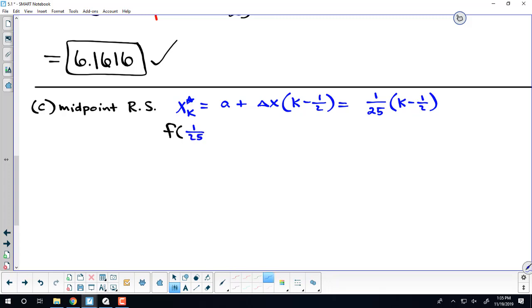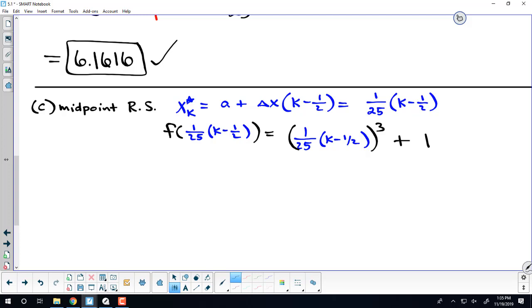And this is where maybe distributing could be a little bit more clear. But we are evaluating that quantity cubed plus 1 by the function. Remember, that's the f of x star.